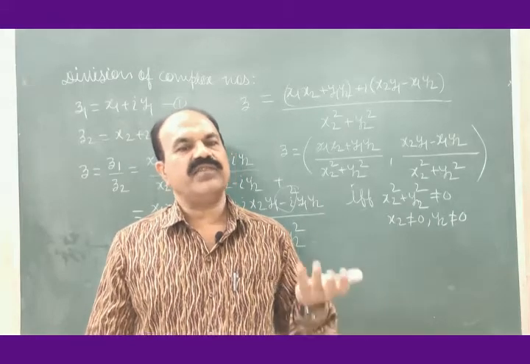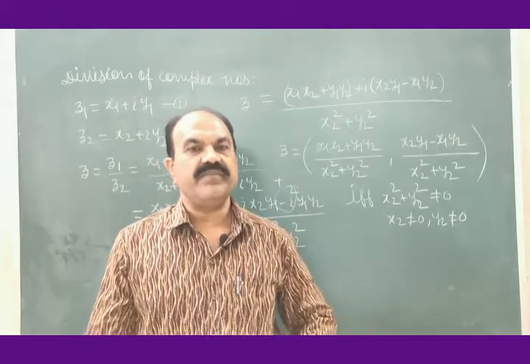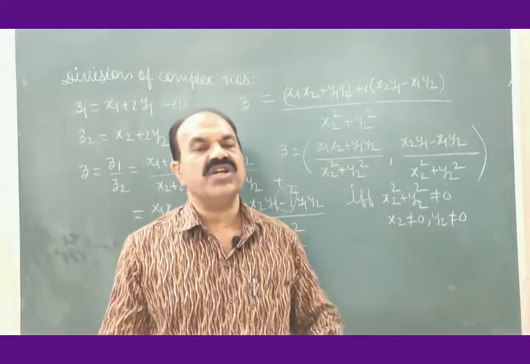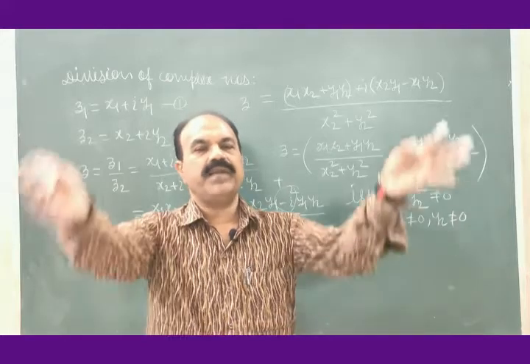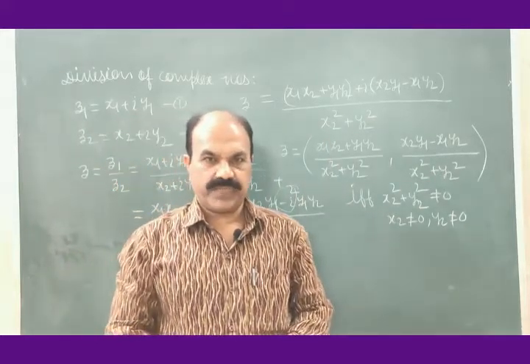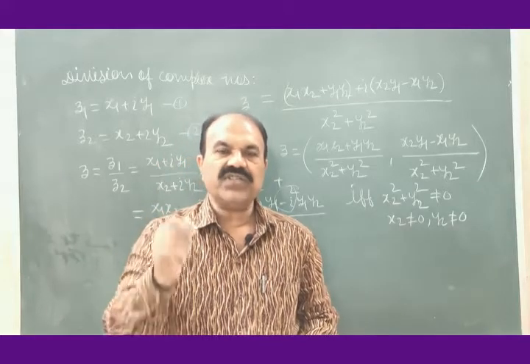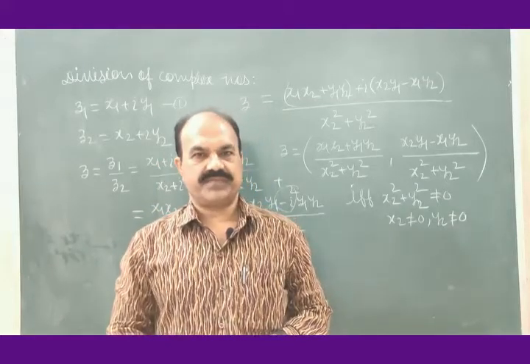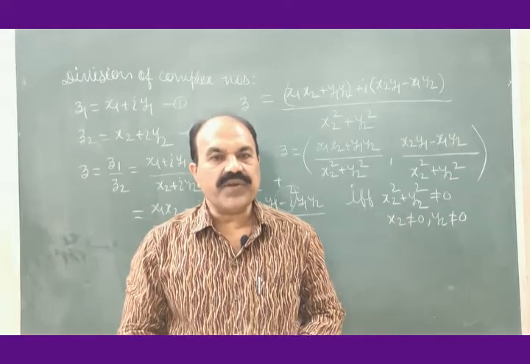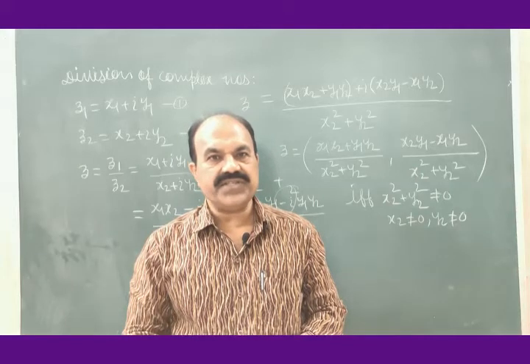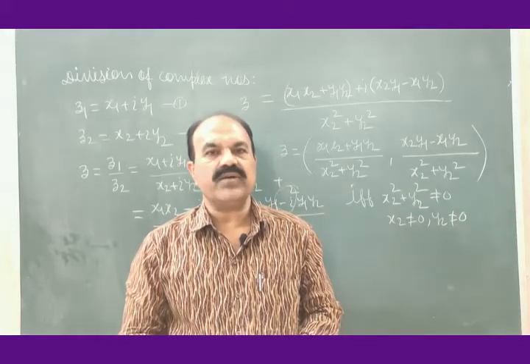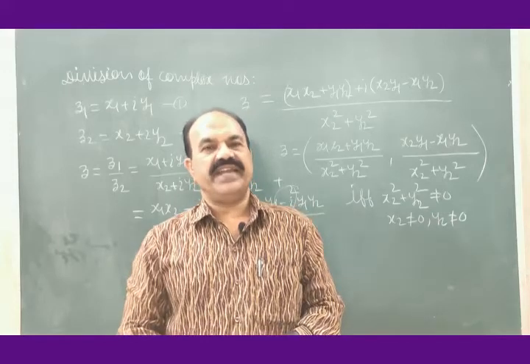The algebra of complex numbers, whether addition, subtraction, multiplication or division, is always consistent with the algebra of real numbers, because every complex number is expressed as an ordered pair of real variables.